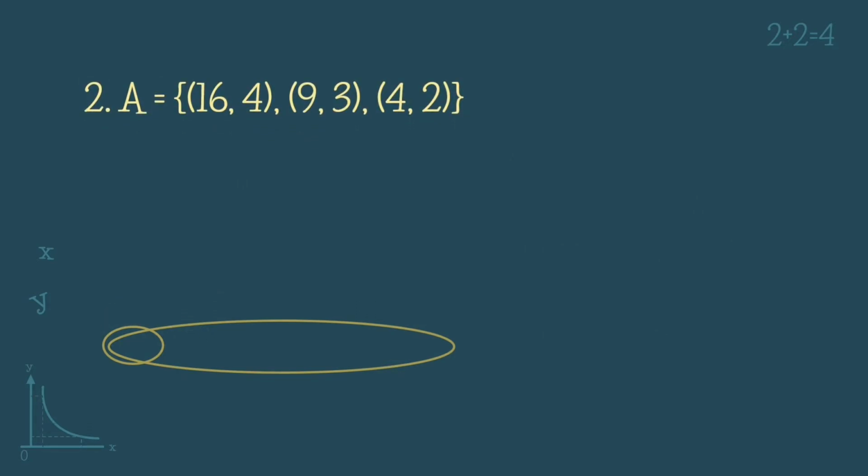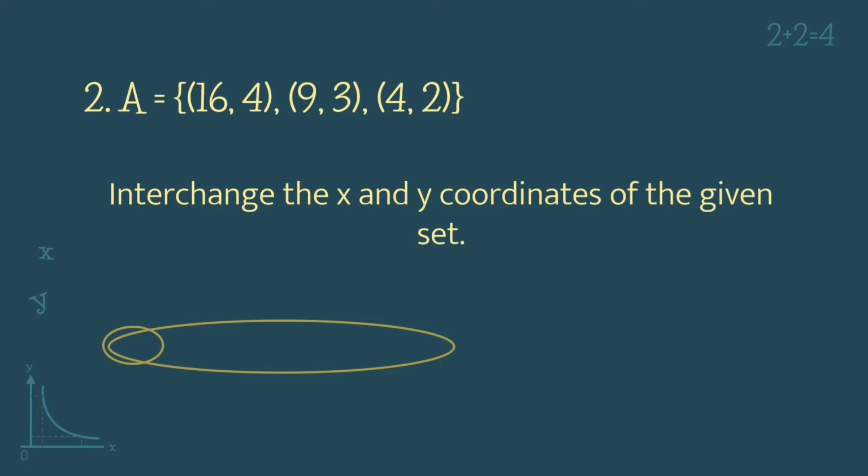Next, sometimes the given is not always an equation. It can come in the form of a set of ordered pairs, like you can see in our next example, which is A equals (16, 4), (9, 3), and (4, 2), in which all we have to do is to simply interchange our x and y coordinates, making that into (4, 16), (3, 9), and (2, 4).